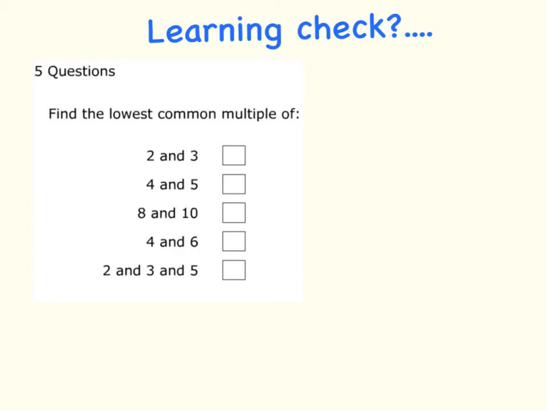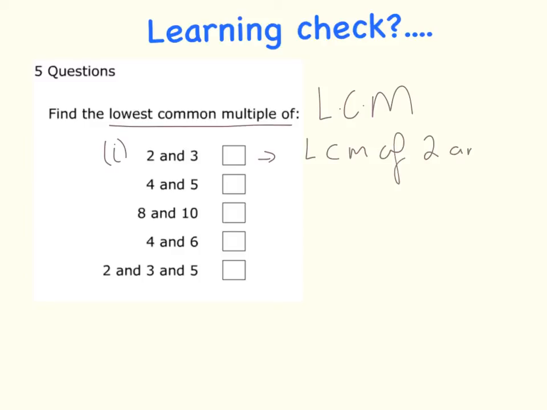Okay, let's have a learning check so far and ensure that we can find the lowest common multiple, or the LCM, of the following numbers. I'm going to first of all start with part 1 here, which is 2 and 3. So find the LCM of 2 and 3.